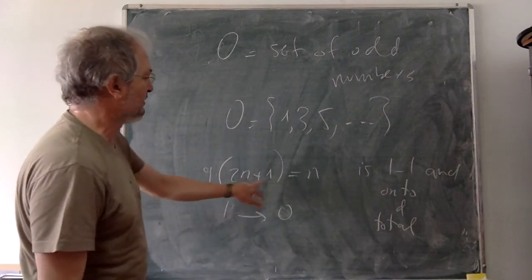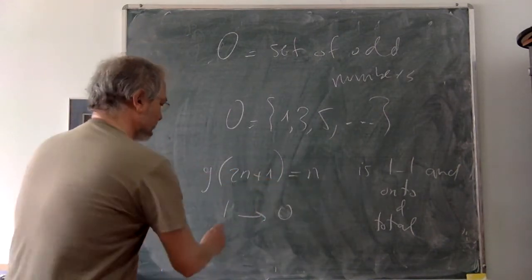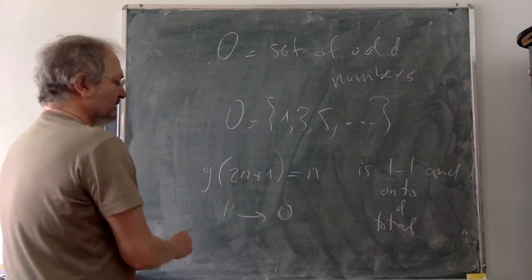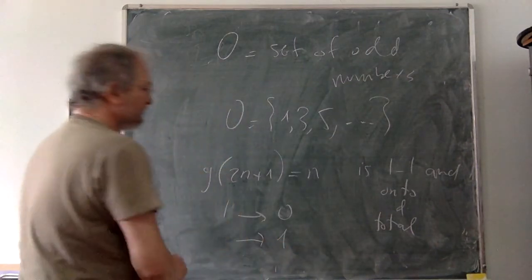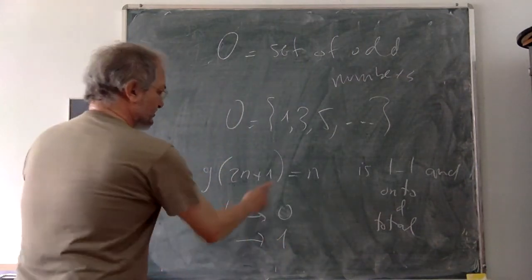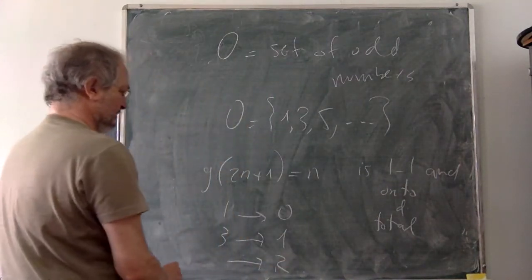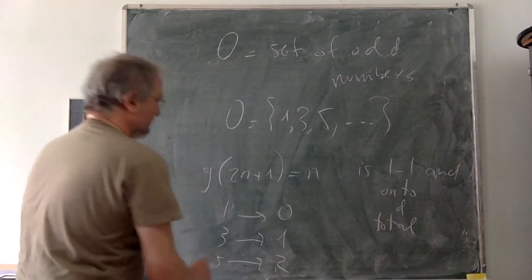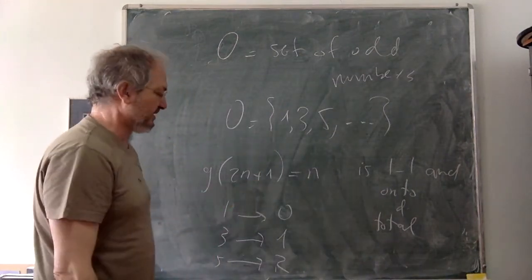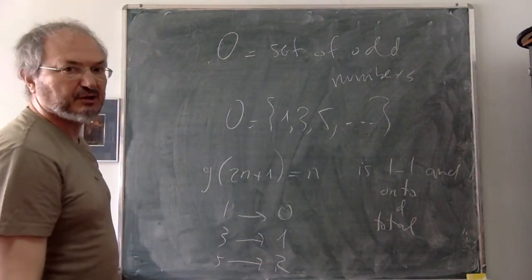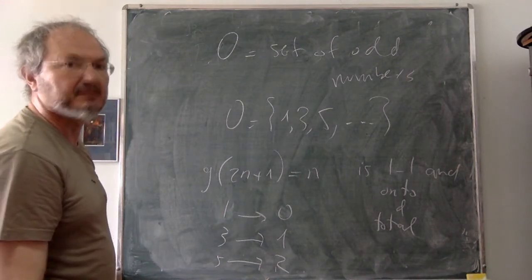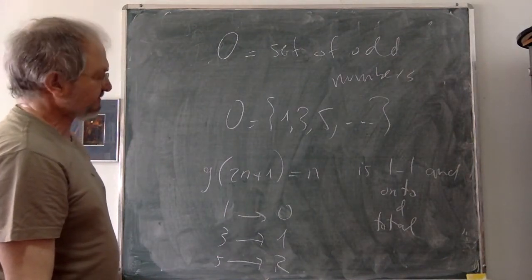If n is 0, then this is 1, mapped to 0. For 1, this is 3. For 2, this is 5, because n is equal to 2, and this is 5. So you're going to see that this is also 1 to 1. Right?